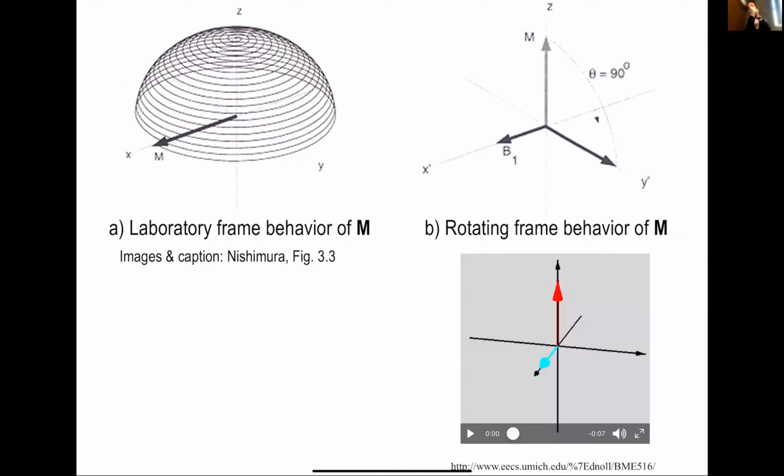So it's just going to come down and go like that. That's what's shown in this movie here. So in the rotating frame of reference, it's just a simple flip angle. We're just taking that magnetization and flipping it down away from the vertical axis.